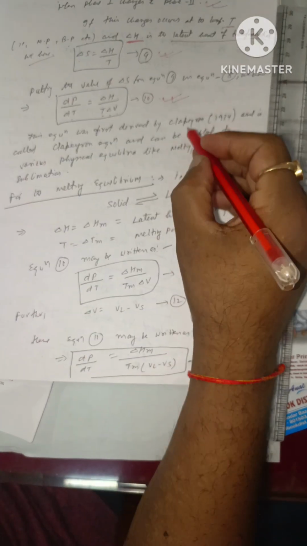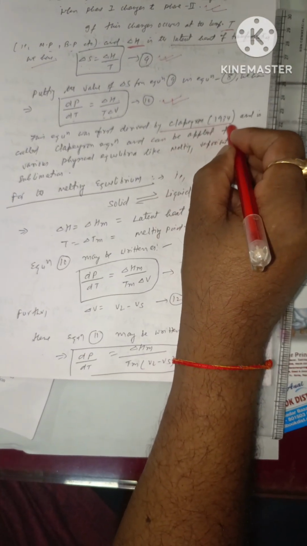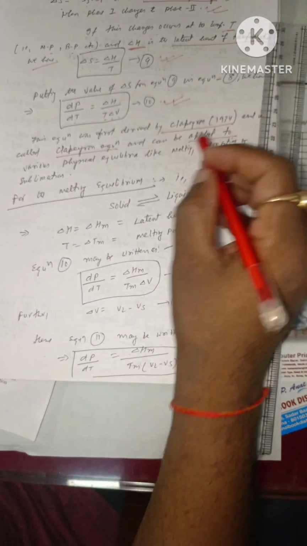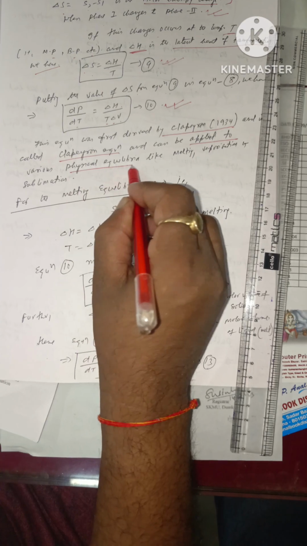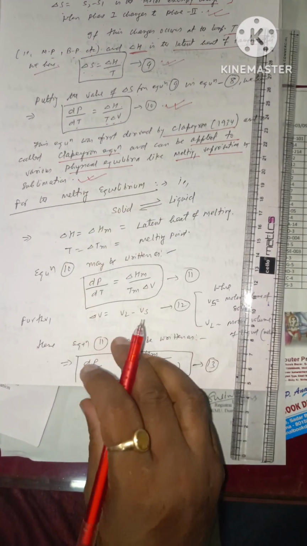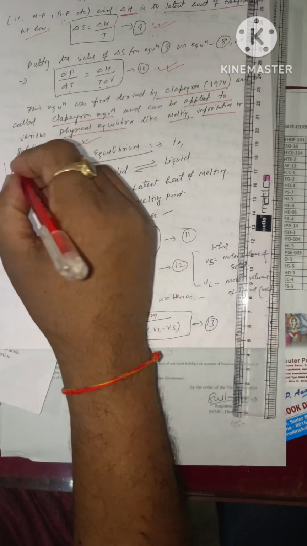This equation was first derived by Clapeyron in 1834 and is called the Clapeyron equation, and can be applied to various physical equilibria like melting, vaporization and sublimation.